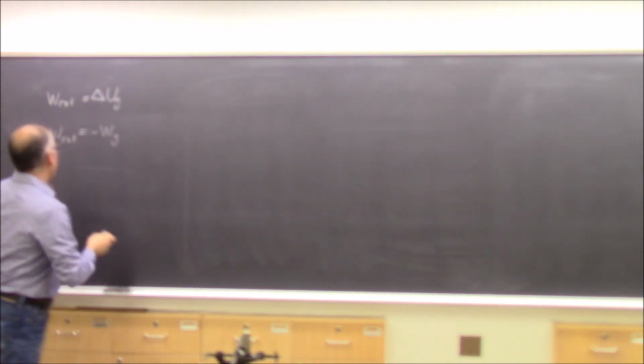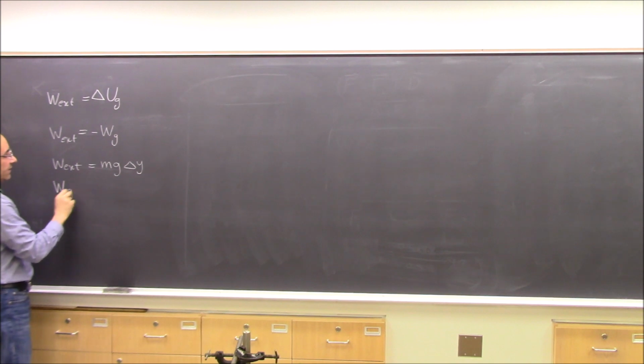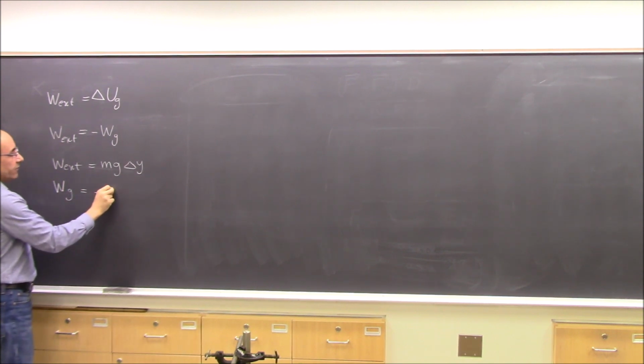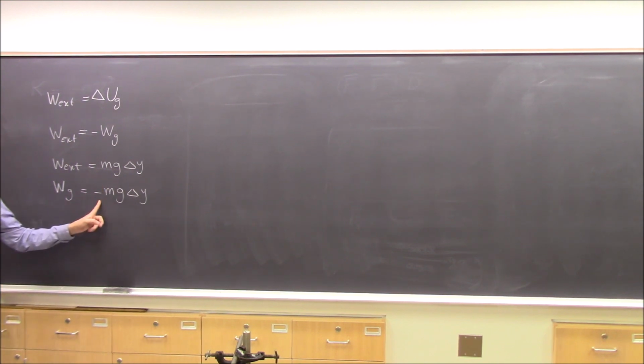Remember, when we go up, the work of external force is mg delta y, and the work of the gravity itself is negative mg delta y. So these are opposite of each other, right?